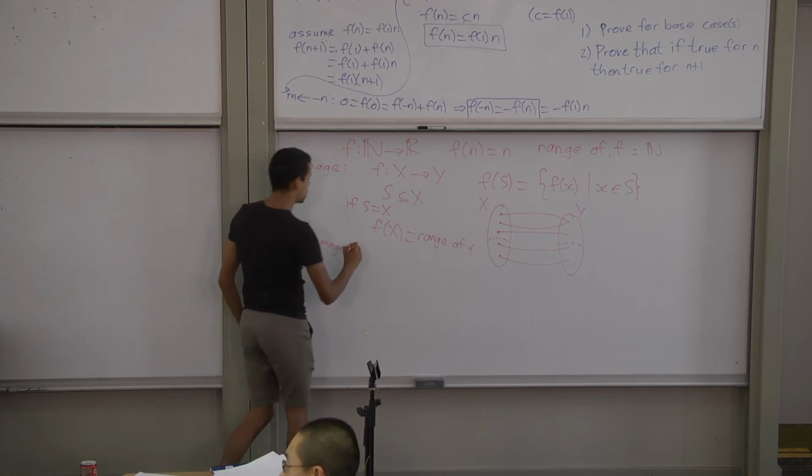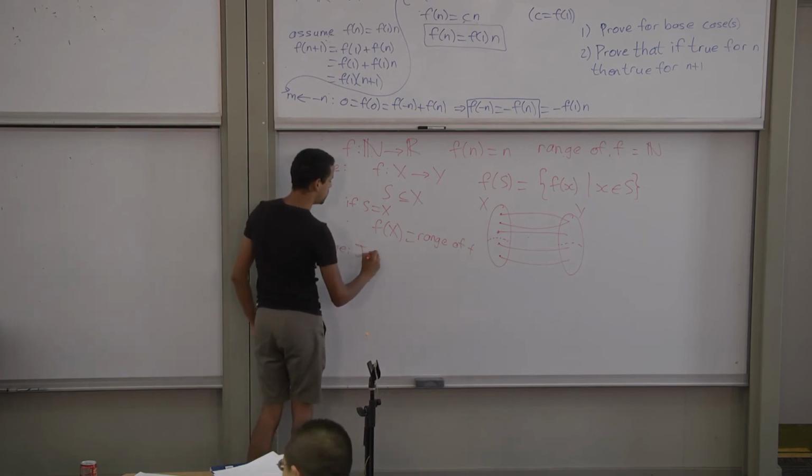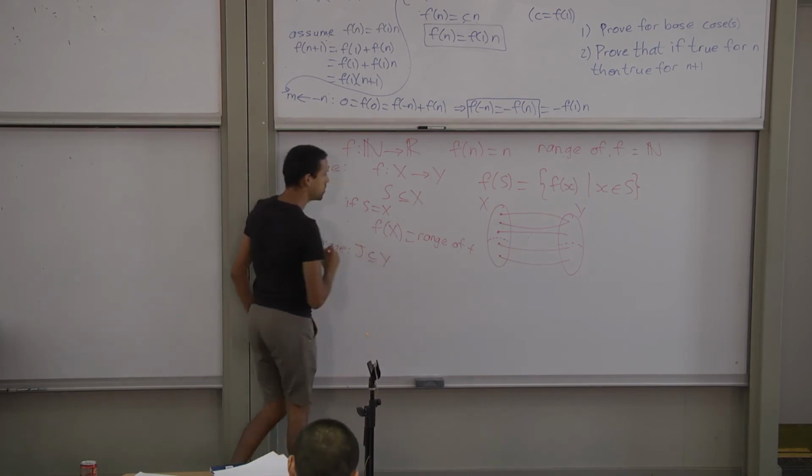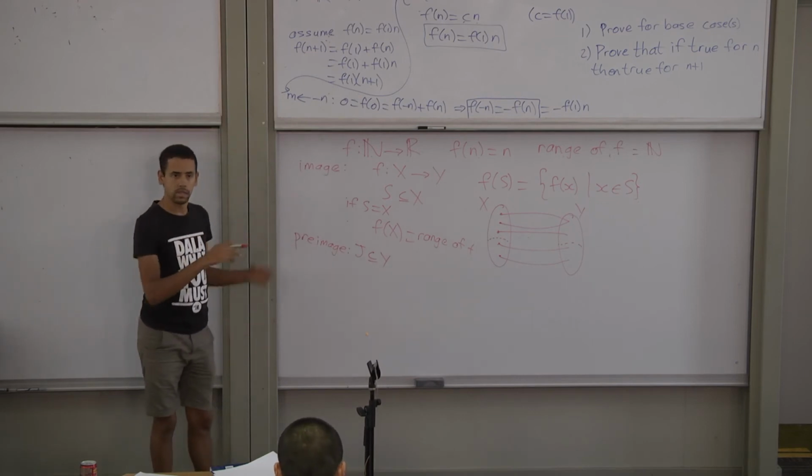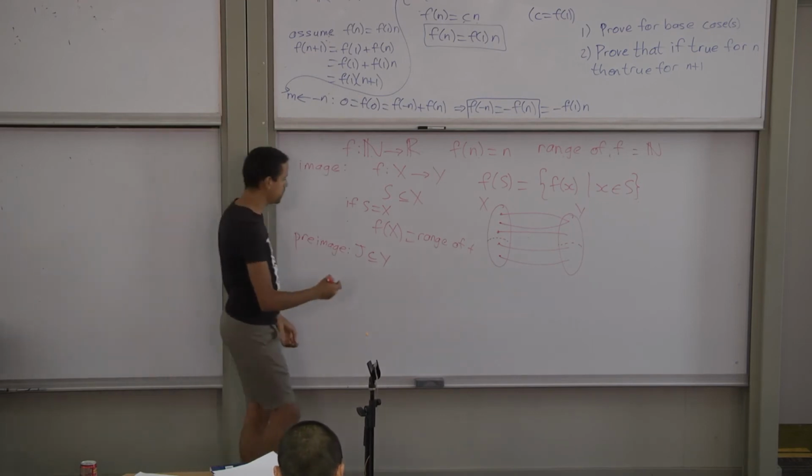J. So a subset J of your codomain. So this time you're taking a subset of your codomain.